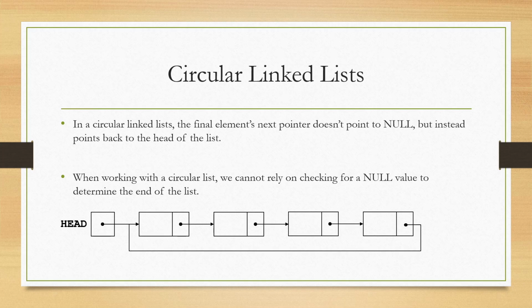Basically, there's never a null pointer. And I believe this is the LeetCode problem that I didn't know how to solve, because it's always iterating. So basically there's no null.